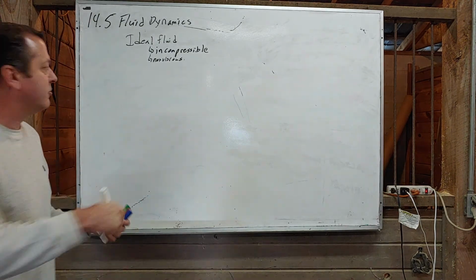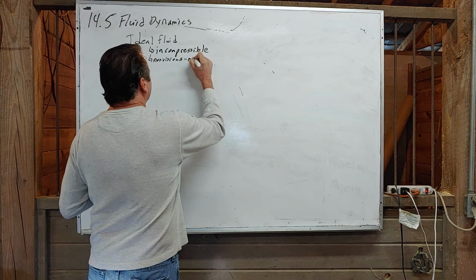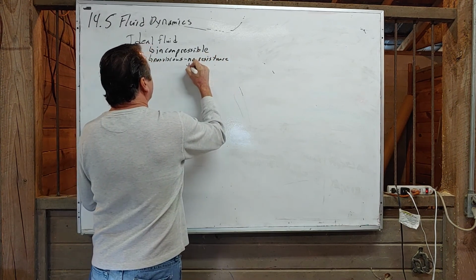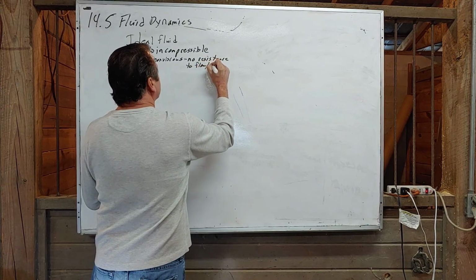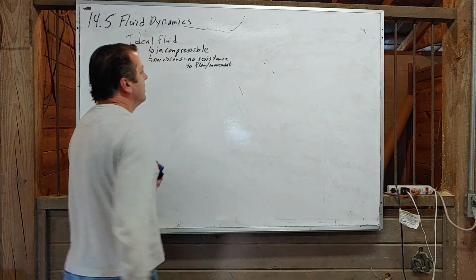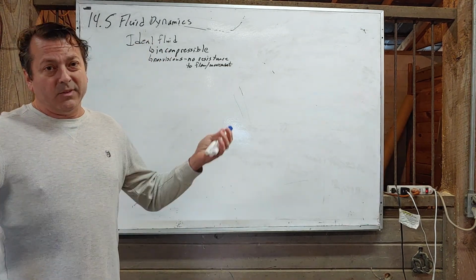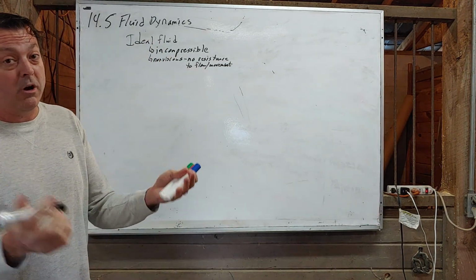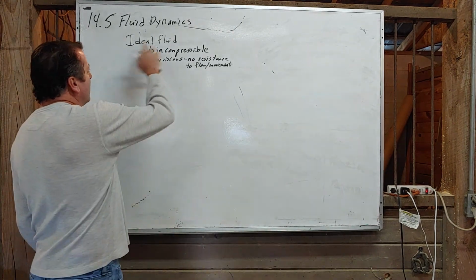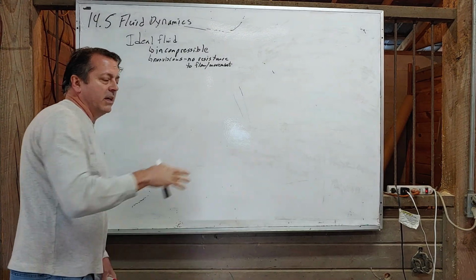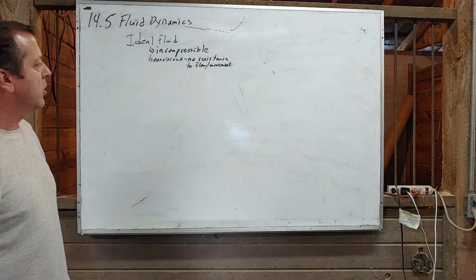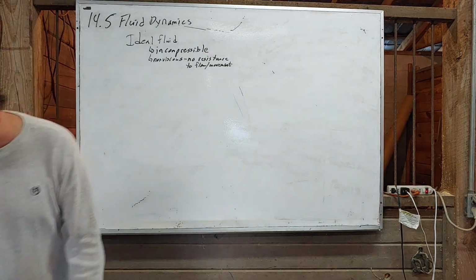It's basically friction free, with no resistance to flow or movement. Of course, everything has some, but we gotta crawl before we can walk. We gotta understand the ideal ones, and then at a junior level course on fluid dynamics you would get into compressible and viscous flow and honey and stuff like that.